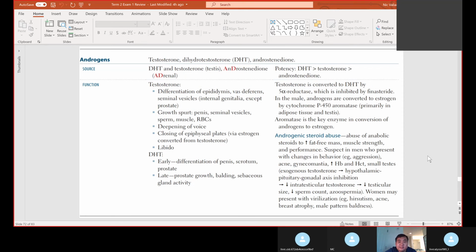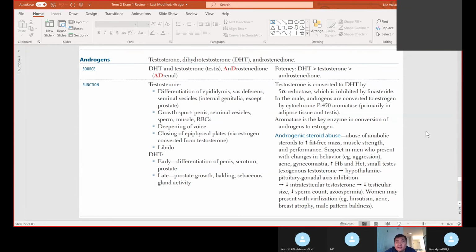We talked about androgens, testosterone, DHT. We're talking about 5-alpha reductase deficiency, high yield, androgenic steroid abuse. So if you look at those, some guys wanted to bulk up, they wanted to get bigger, so they take androgens. They take steroids to increase their muscle bulk.